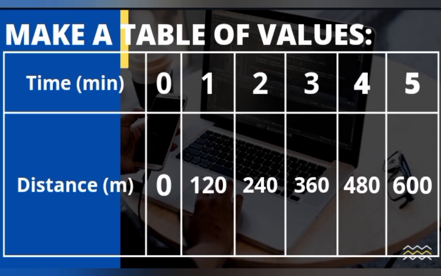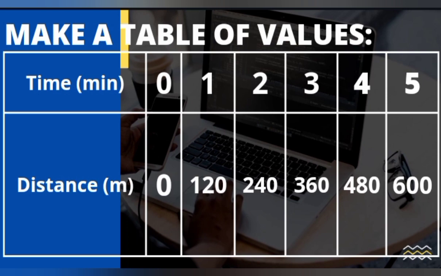So your job will be to go to the graph, trace 1 on the x-axis, and also trace 120 on the y-axis, and look at where they will meet.